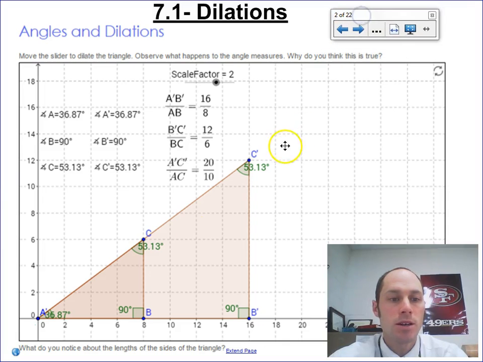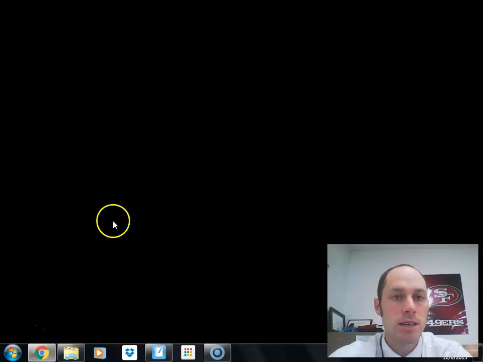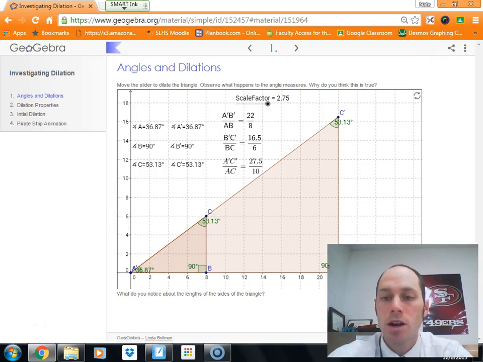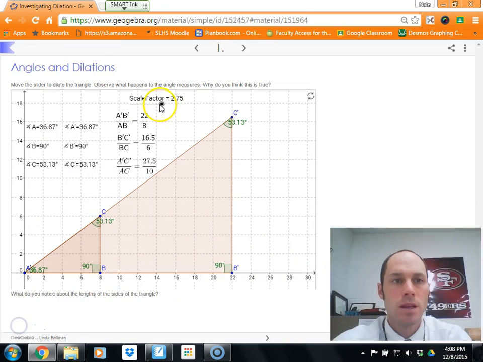To begin, we're going to take a look in GeoGebra at dilations and figure out what we notice about them as we explore the different angles that occur within a dilation. As you take a look at this, you'll see that we have a slider on top here.